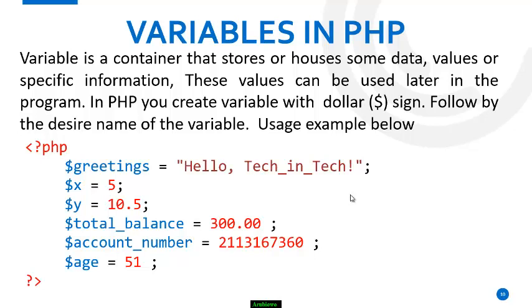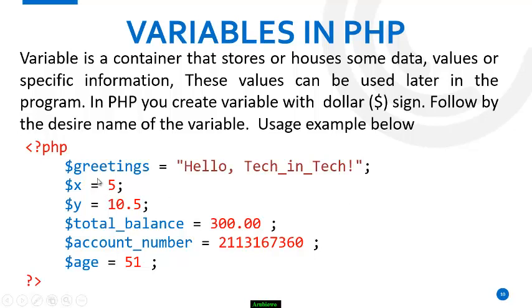Anytime you assign a text, like a write-up, to a variable in PHP, you have to put quotes around it. Anytime you assign a text value to a variable in PHP, you have to surround it with quotes, double quotes precisely.